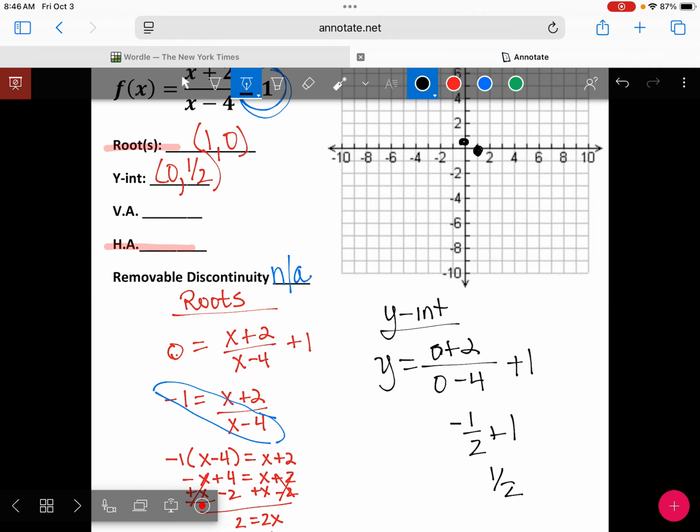Vertical asymptote still comes from your denominator. So set the x minus 4 equal to 0. What do you get? 4. Go ahead and draw that in.